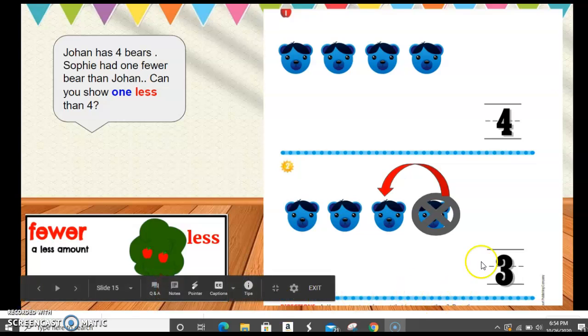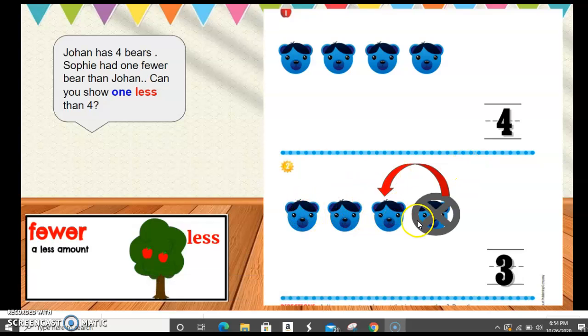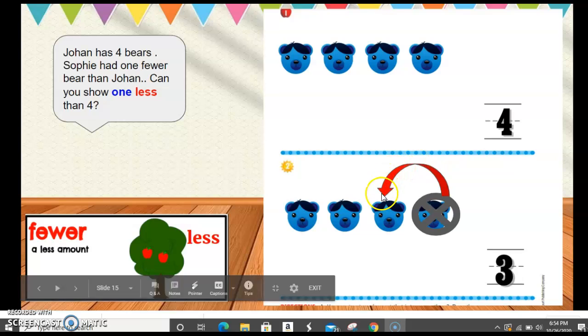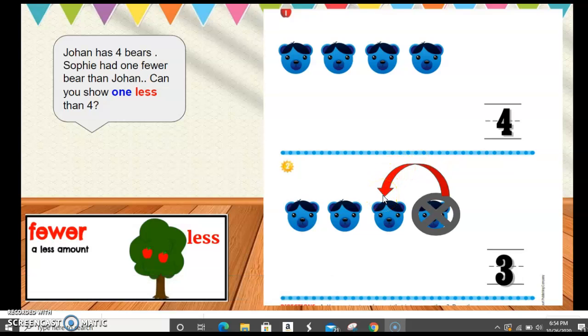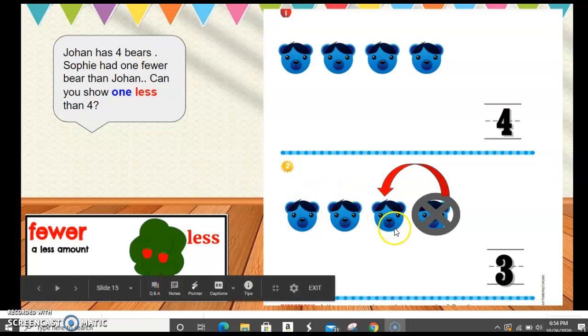So now I can say 3 is 1 less than 4, because we had 4 bears and Sophie had 1 fewer, and 1 fewer and 1 less means the same. So 1 less, we go back and rest. When we went back and rest with 4, we had 1, 2, 3. Good job. So I can say 3 is 1 less than 4.